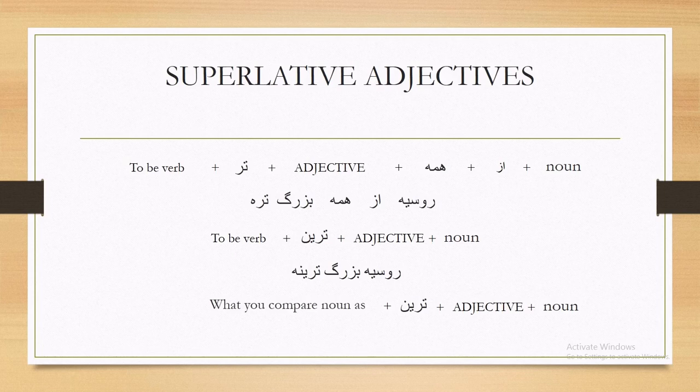For example, here we compare Russia as a country, so we should use country here. Country means کشور. And at the end we use the to be verb. Okay, so we have روسیه بزرگترین کشوره. Okay, thank you for watching.